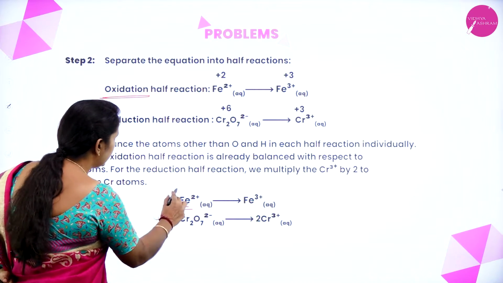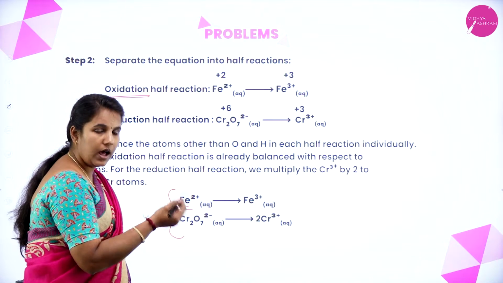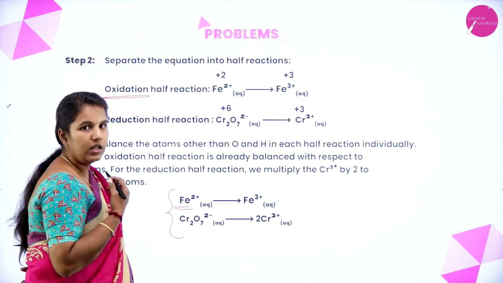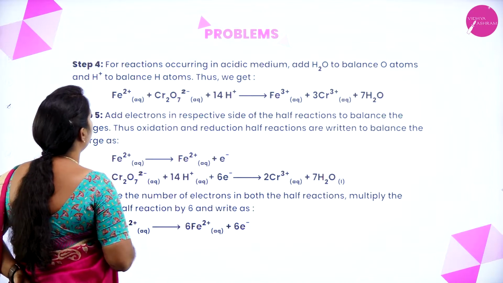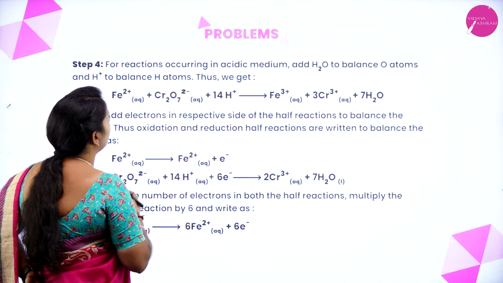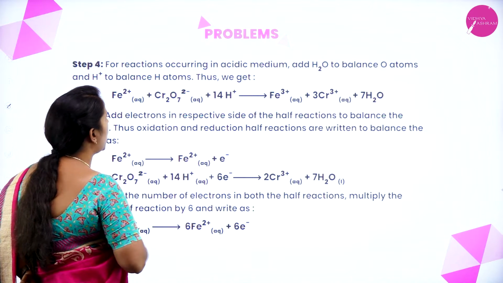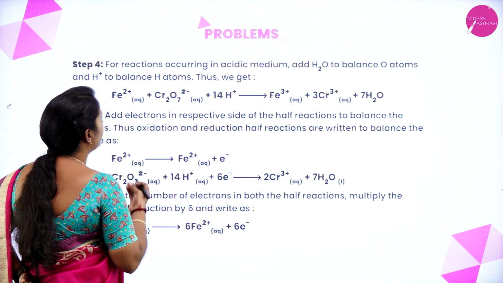This is the third step, where you balance the oxidation and reduction half reactions by multiplying with a suitable integer. Then in the fourth step, for a reaction occurring in acidic medium, add water to balance the oxygen atoms and H+ to balance the hydrogen atoms.